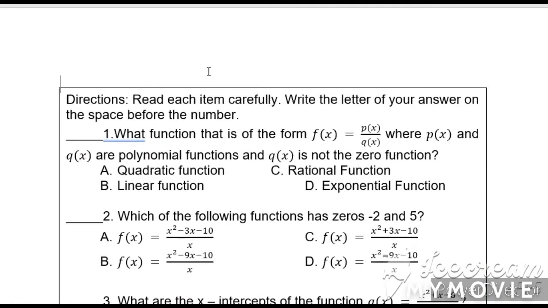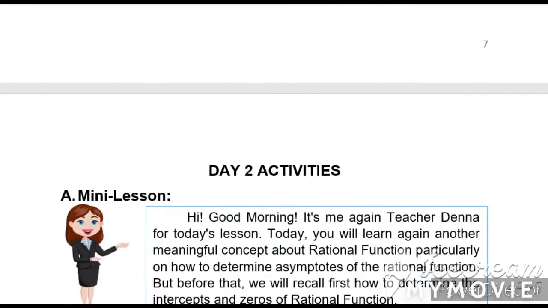Then we can have evaluation. So let's now have our day 2 activities.